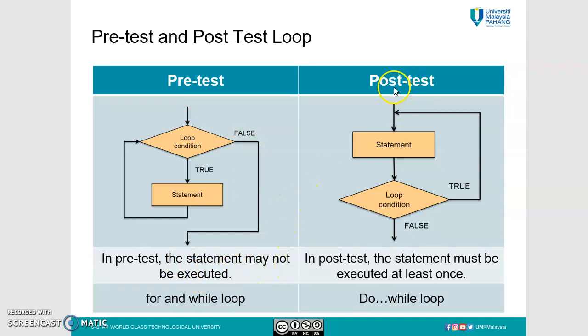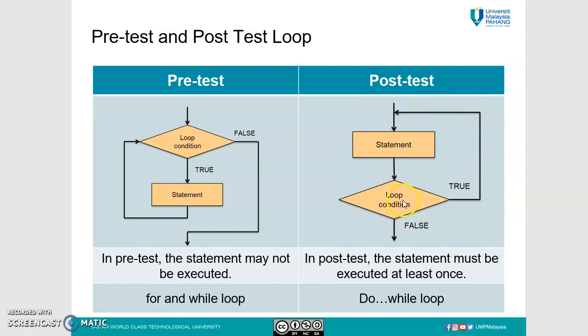And for the other style, post-test, in each iteration, the loop action or the statement is executed first. Then the control expression is tested. If it's true, a new iteration will be started.